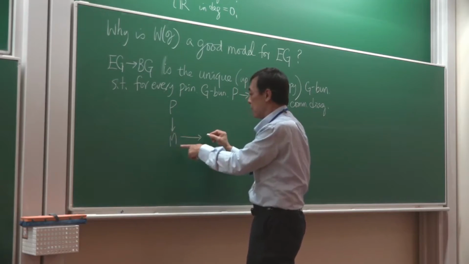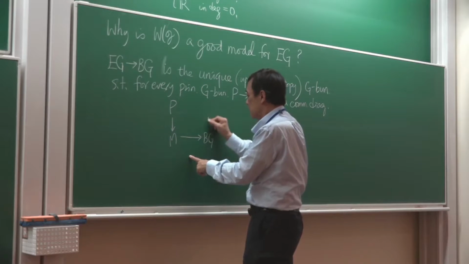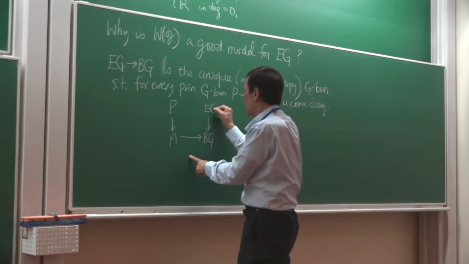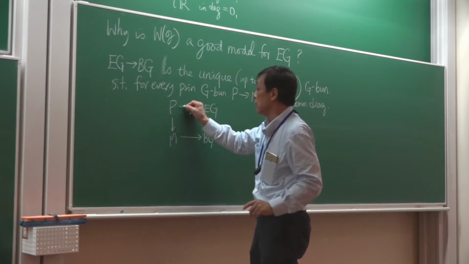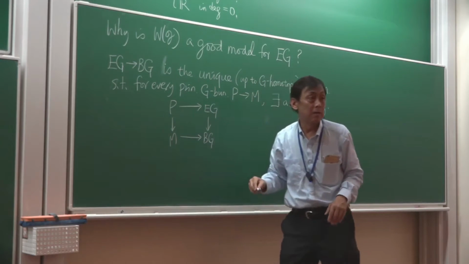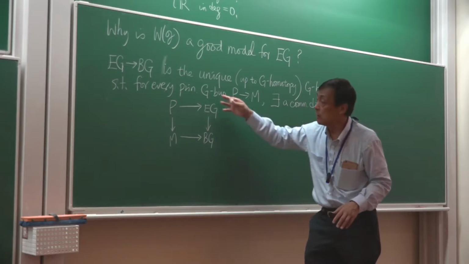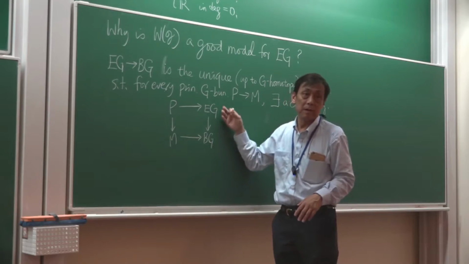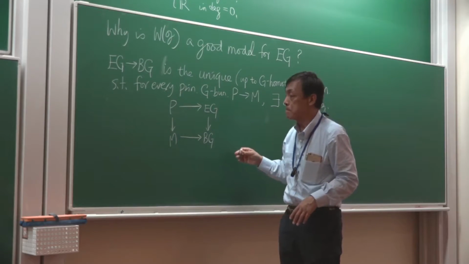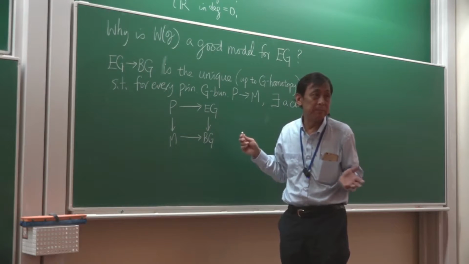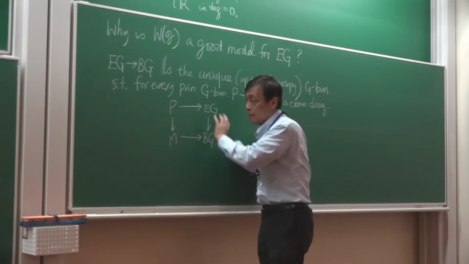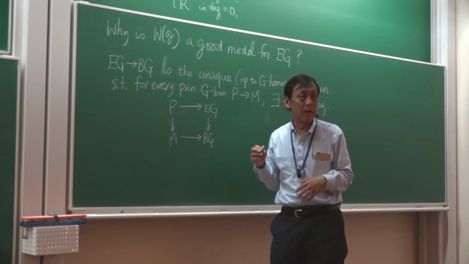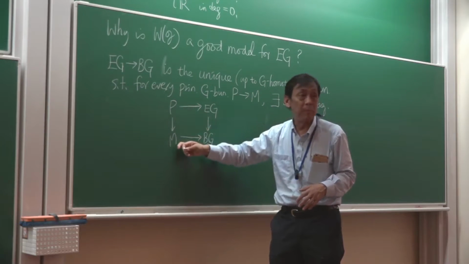You have a map to the classifying space, and then P is the pullback, and so there is a map this way. Okay? So the universal bundle has this property. It's essentially the only bundle that has this property for every principal G bundle.